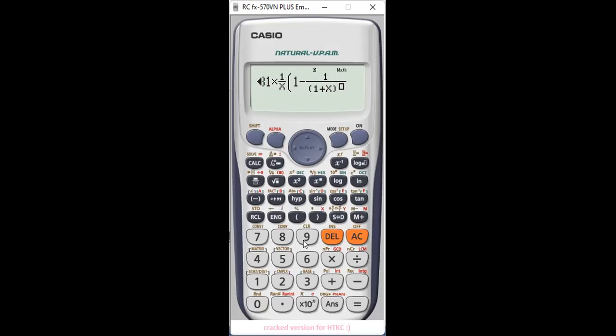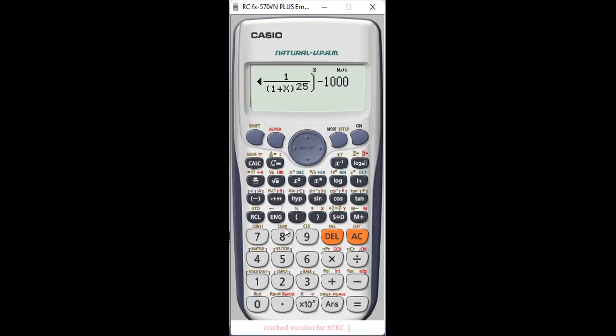Then we have the tenor of 25 years. Write down 25 years. Then again push the cursor button to the right side. Then we close the bracket. Now minus the initial amount that we have invested in the project, that is $1,000.